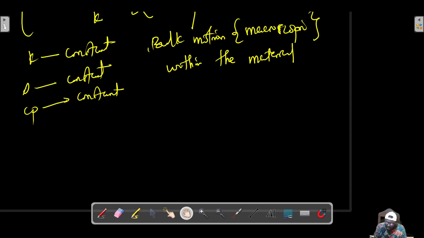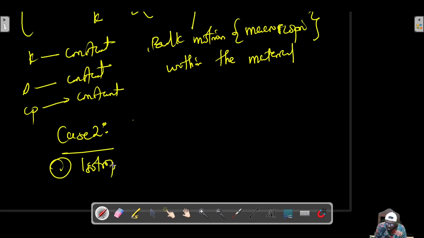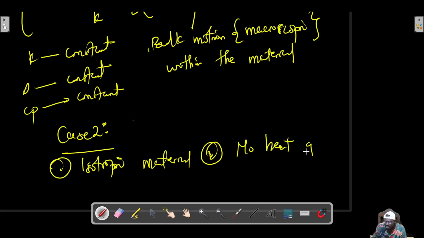Now, I also want us to say something. Let's just say for the second case, we have one, an isotropic material, and two, no heat generated within our material. Then what would the equation be?